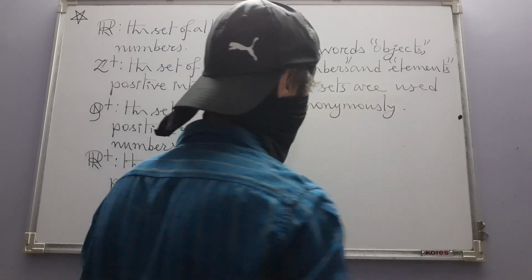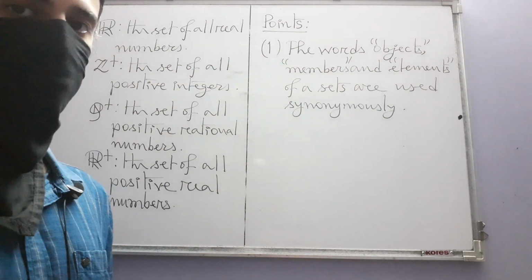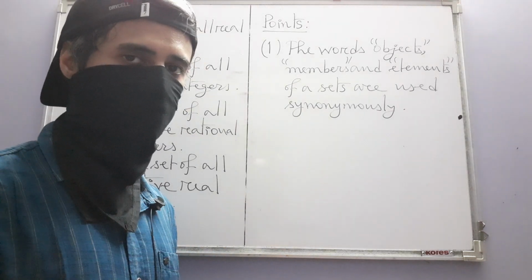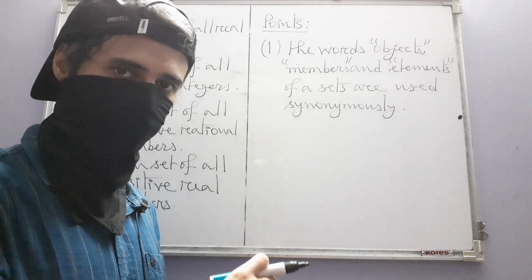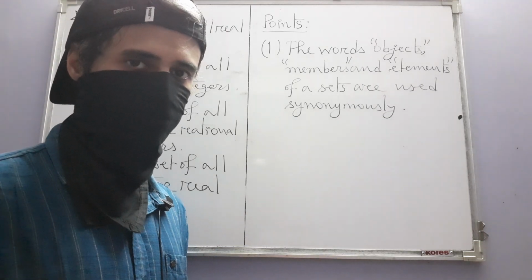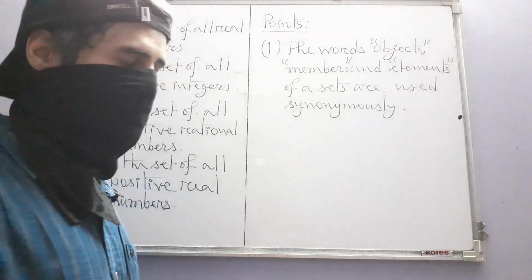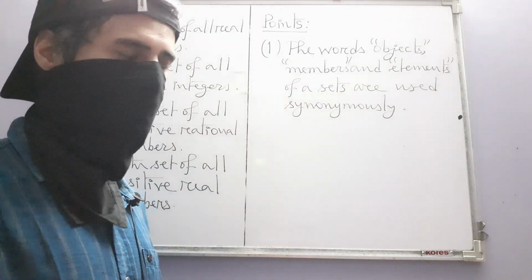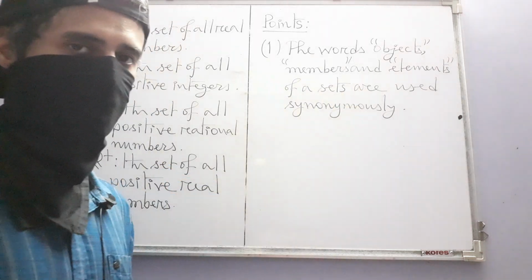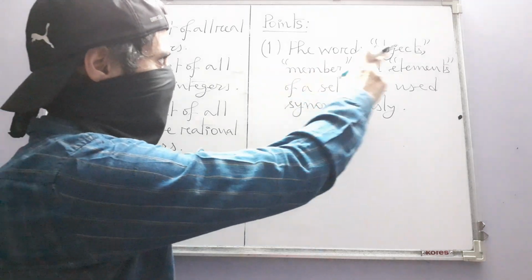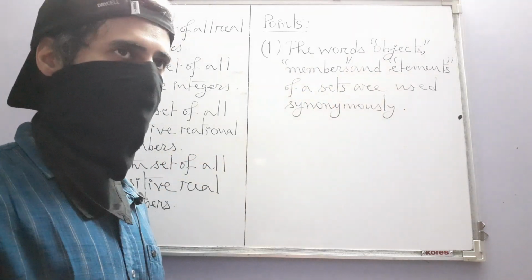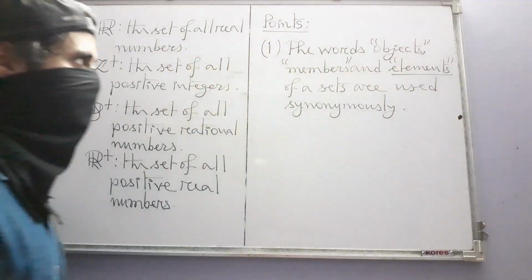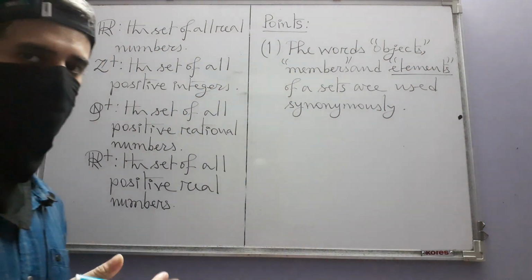That is, they are supposed to have the same meaning. When we say that something is an object in a set, it means that that thing belongs to the set. It also means the same thing to say that that object is a member of the set or is an element of the set. So you can use any of these 3 words. However, it's more common to use elements. Okay, so that's what we will also do.